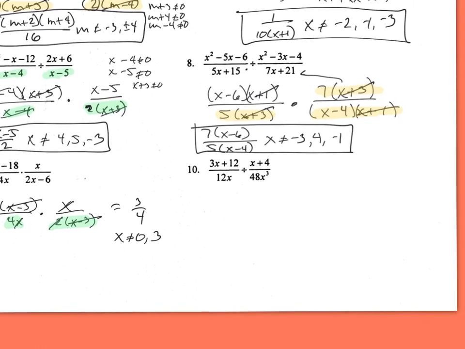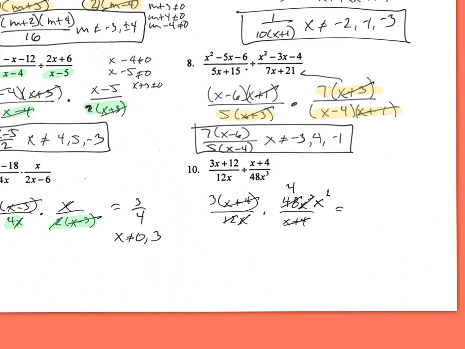Then on this last problem, factor our 3 out. Flip the second one over. This is 48 x to the third on top now, x plus 4 on the bottom. 48 divided by 12 is 4. X to the third divided by x is x squared.